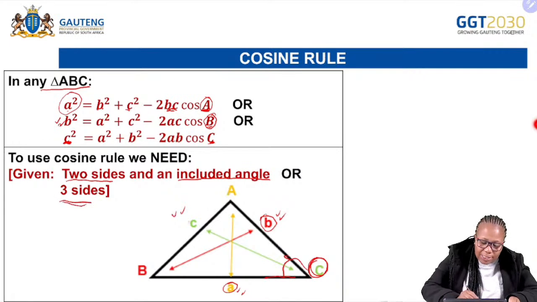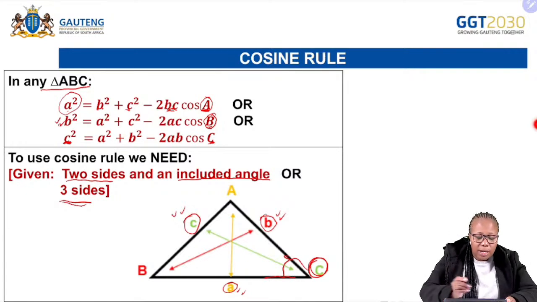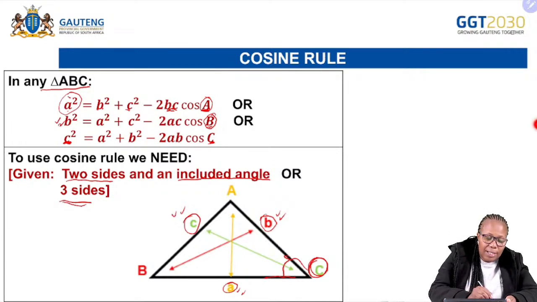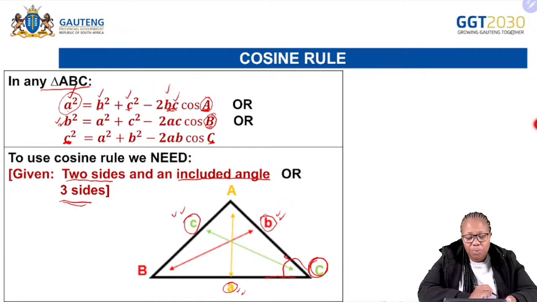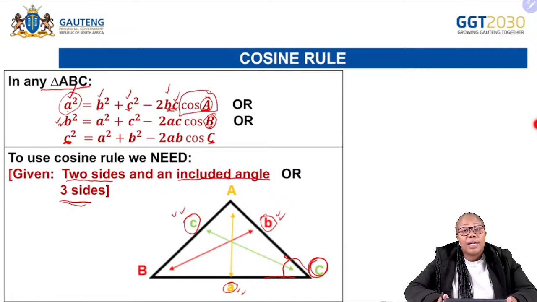If all the sides are given to you, then you can find any angle. If I am given all three sides, a given, b given, c given, I can substitute, and therefore, Grade 12, you will be able to calculate that angle next to the cos. That is the application of a cosine rule.